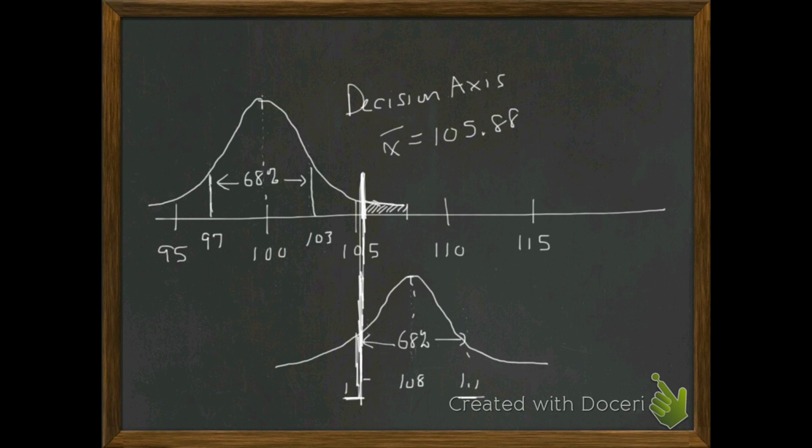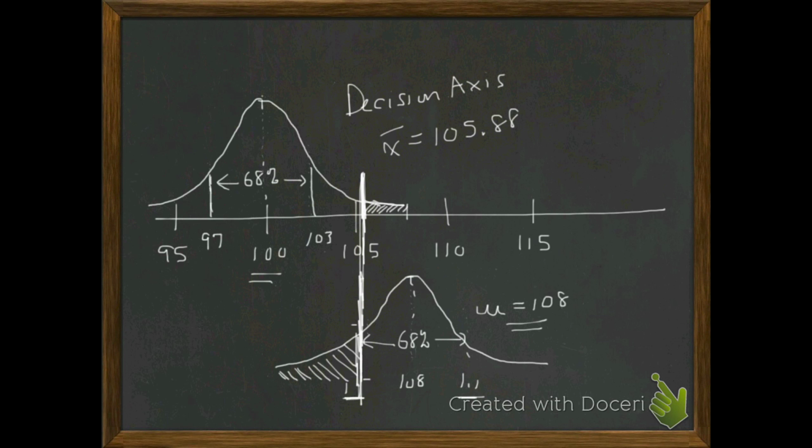Now, let's go back to our drawing here, and what we can do is see that this area right here would result in what? Well, if the mean is truly 108, then the null is false.